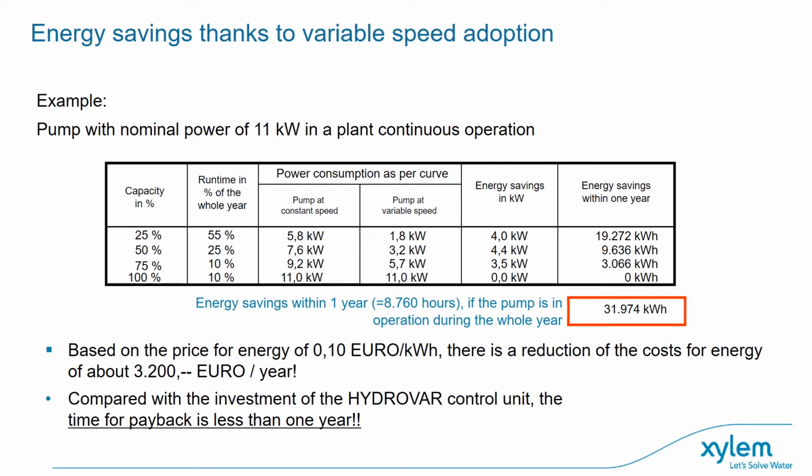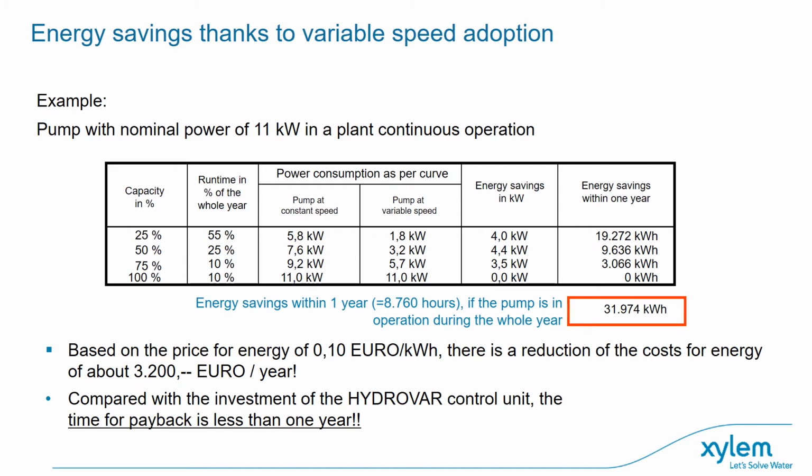Based on the amount of hours that this unit was running over a period of 1 year, you can see that for 55% of the year, it only ran at 25% load. So there was a saving of 4 kilowatt per kilowatt hour over that period. 25% of the time, there was a saving of 4.4 kilowatt, and it was only 10% of the time that it ran at 100% load.